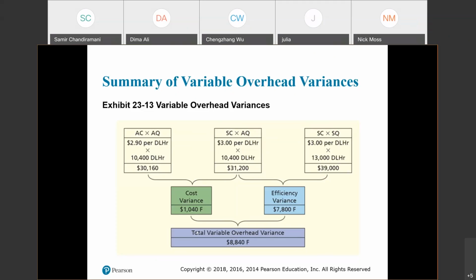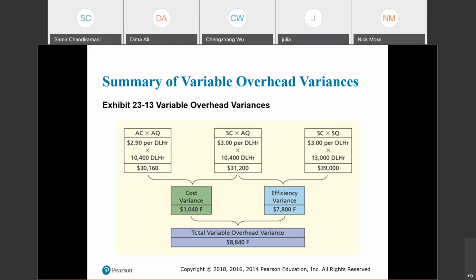First, the company incurs $1,040 less than the expected actual variable overhead cost.